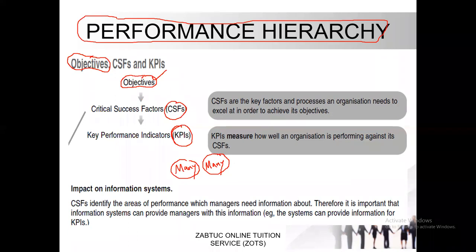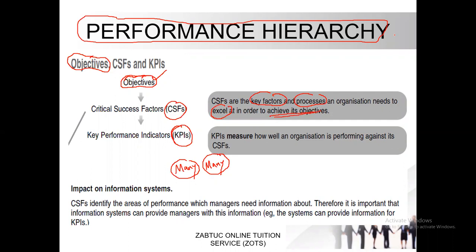But for you to achieve these objectives, we're saying, wait a minute, there's something called a critical success factor. Critical success factors are the key factors and processes an organization needs to excel at in order to achieve its objectives.